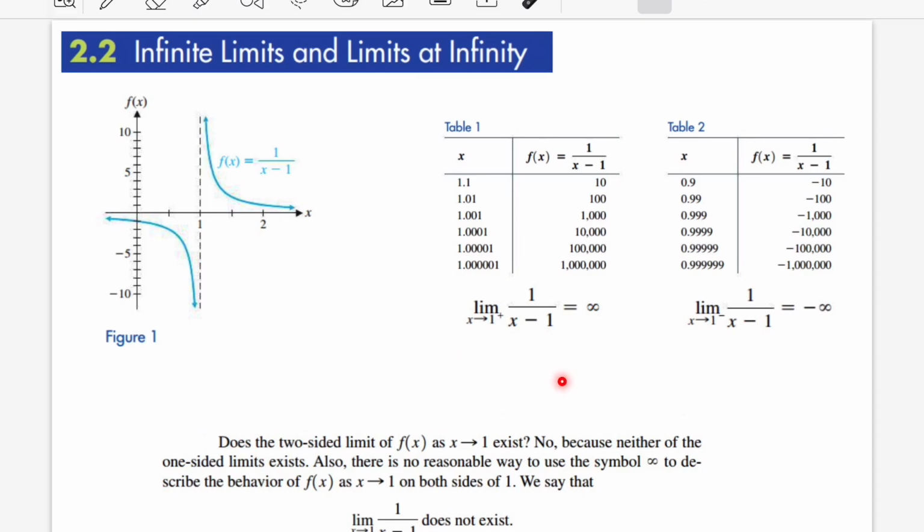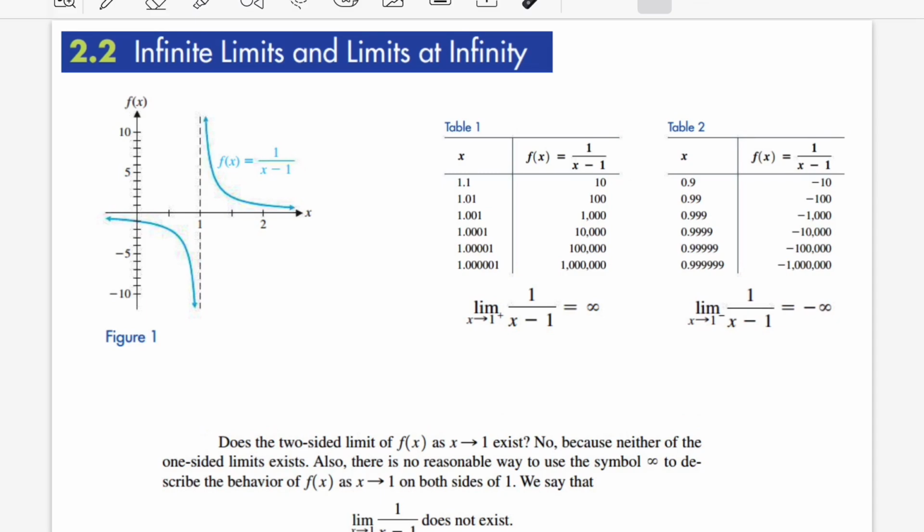And this is shown in these tables here. If we were to plug in values of x here that are getting closer and closer to 1 from the right, we see that our output is getting bigger and bigger, and so what we would say is that the limit of this function as x approaches 1 from the right is equal to infinity.